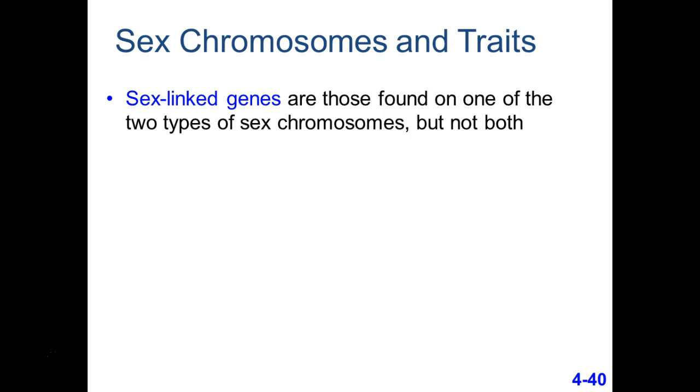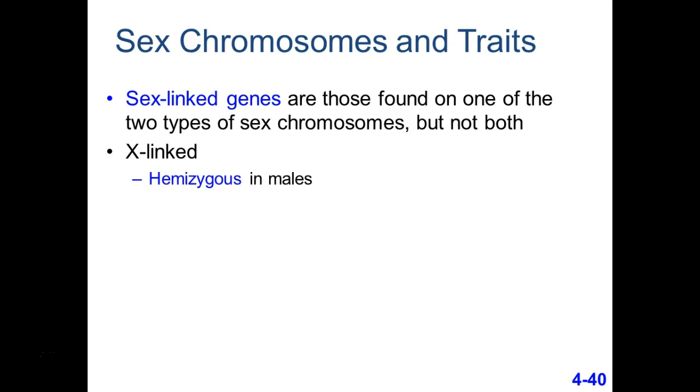So sex-linked is different than X-linked, right? X-linked means it's on the X chromosome, and so it follows the pattern of inheritance of the X chromosome. Sex-linked are those found on one of the two types of sex chromosomes, but not on both.